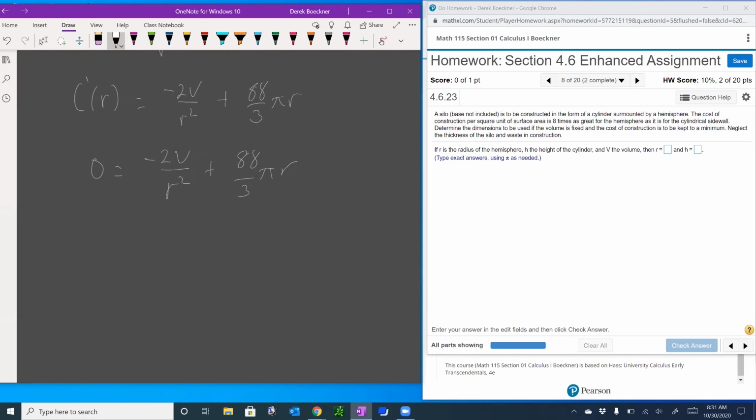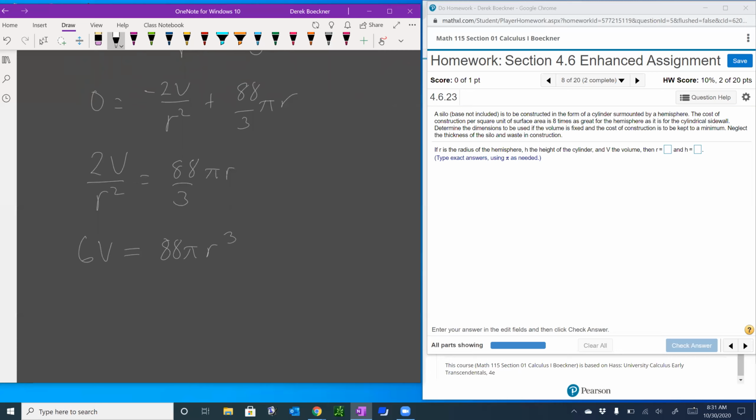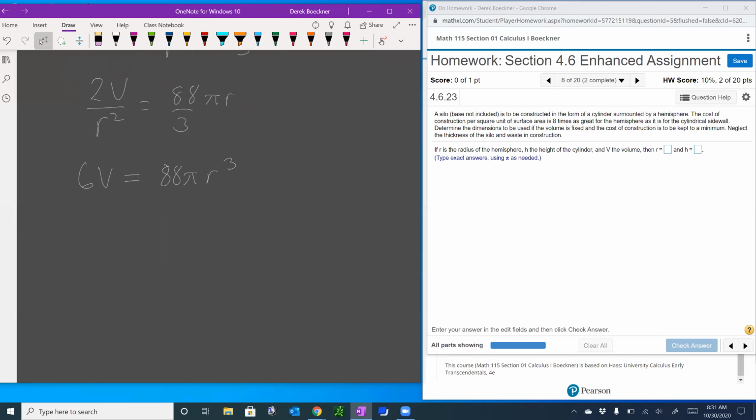So we'll subtract over, or sorry, add over. And then I can cross multiply. Get 6V equals 88 pi r cubed.